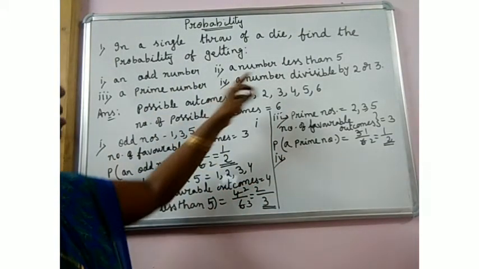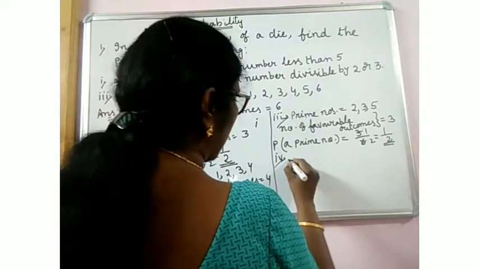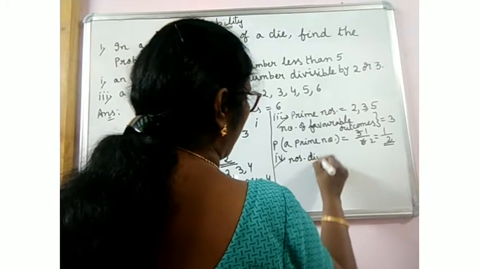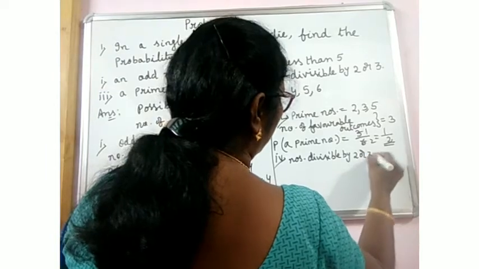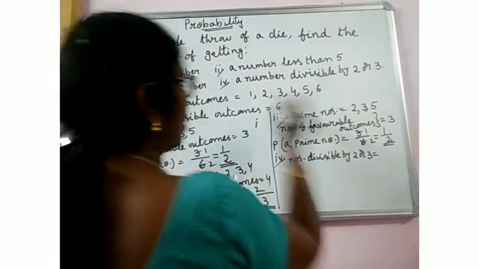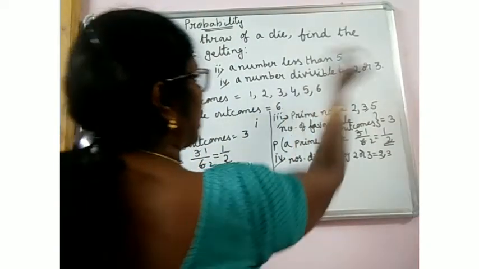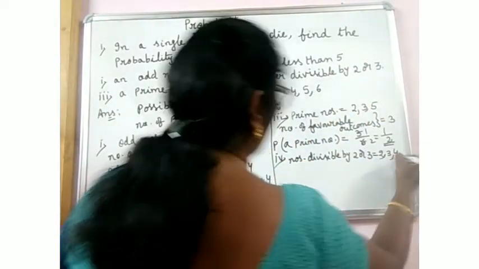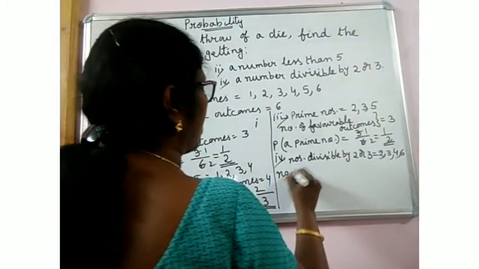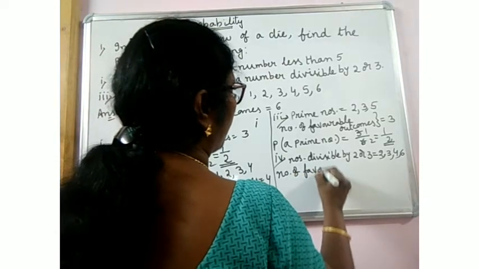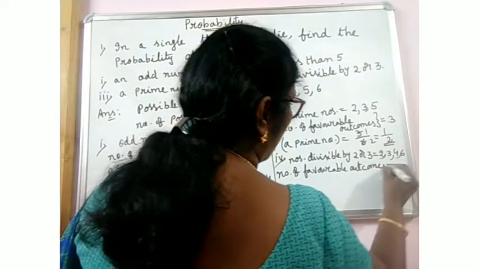And your fourth bit is, a number divisible by 2 or 3. What are the numbers divisible by 2 or 3? 1 is not divisible. 2 is divisible by 2, 3 is divisible by 3, 4 is divisible by 2, 6 is divisible by both. So here the number of favorable outcomes is 4.